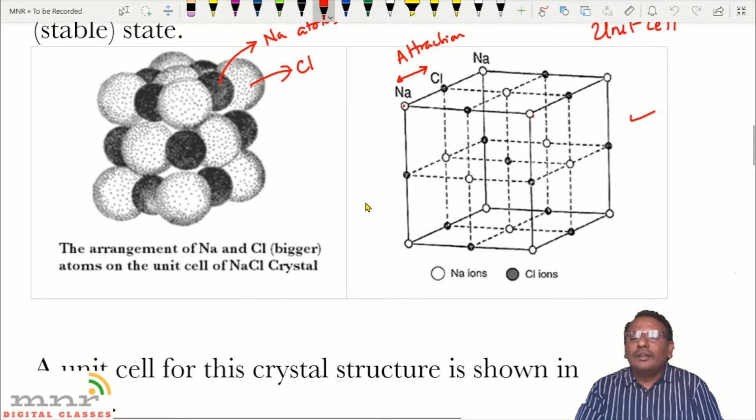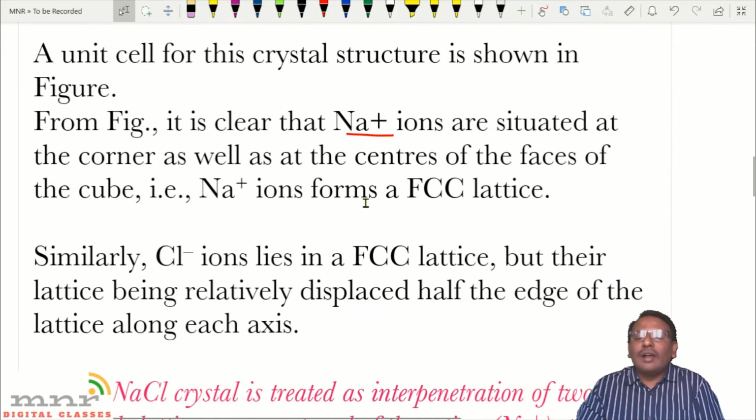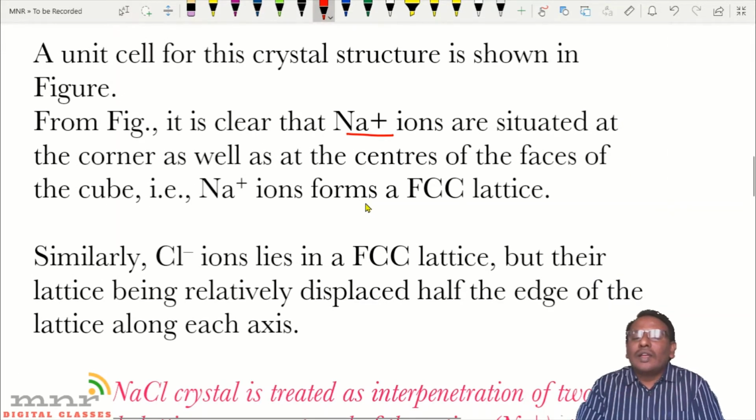Sodium atoms are at the 8 corners as well as the 6 faces. So 8 atoms at the 8 corners, 6 atoms at the center of 6 faces. So the sodium ions constitute an FCC lattice.